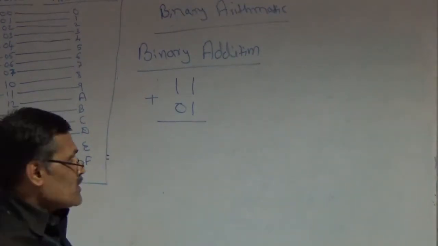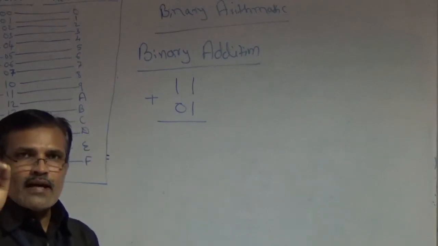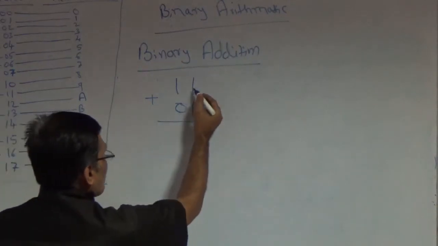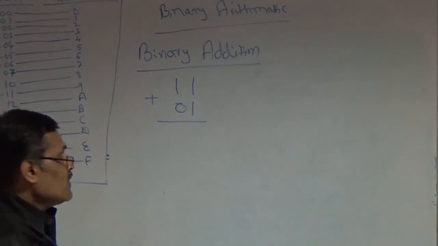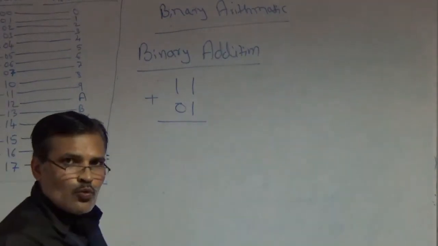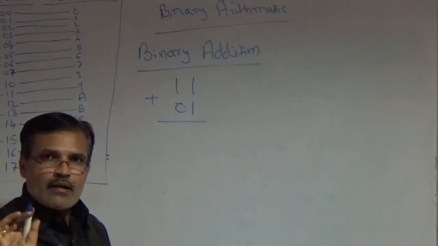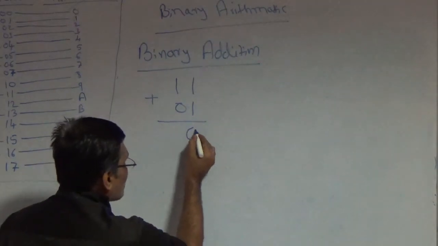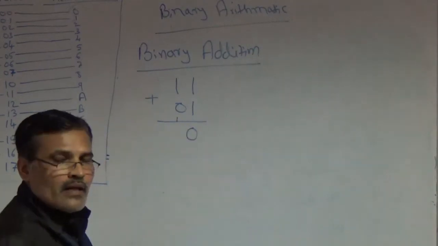These binary numbers are to be added. I am using the same rules as we use with the decimal number system. So here, 1 and 1: if you add these, it becomes 2. But we don't have the symbol 2 in our binary number system. So we make the sum 0 and take 1 as carry to the next digit.